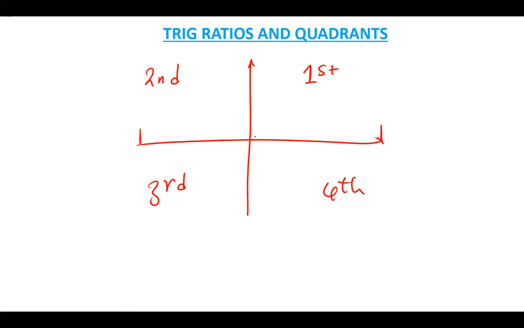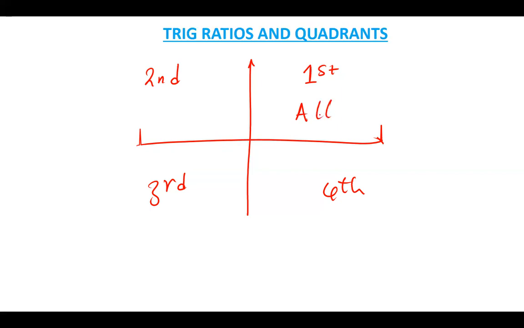So all positive angles lie in the first quadrant. Every positive angle is also found in the first quadrant. All angles, in short, are in the first quadrant. As long as it's positive, then it's in the first quadrant.